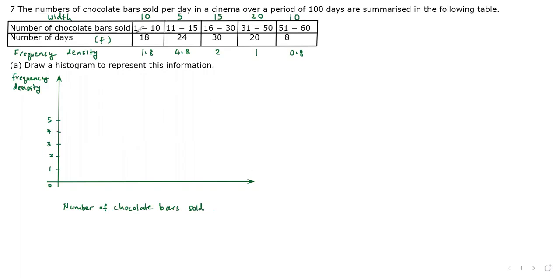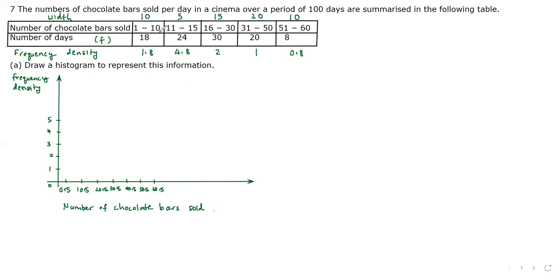So the first class has boundary from 0.5 to 10.5. We can always start from 0.5, then we go up by a scale of 10: 10.5, 20.5, 30.5, 40.5, 50.5, and 60.5.